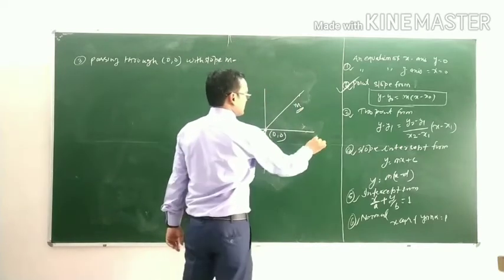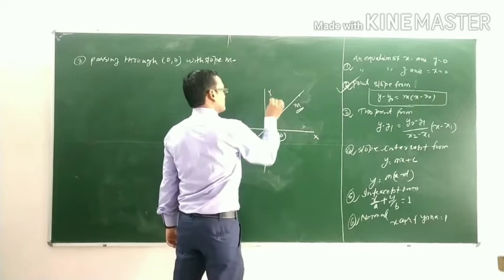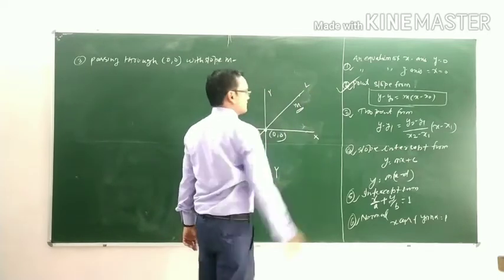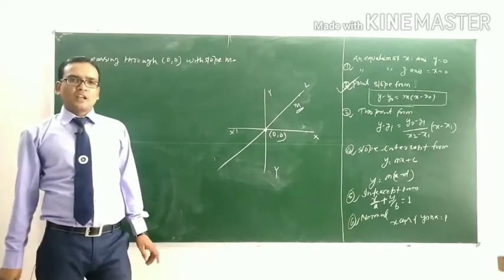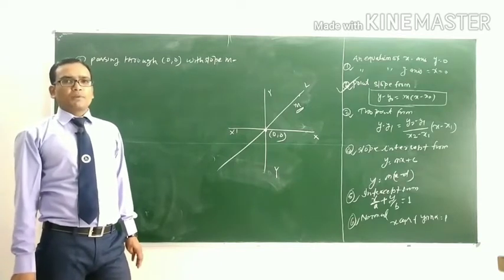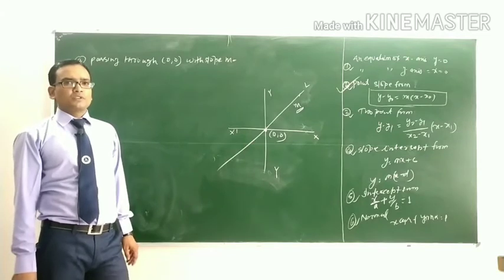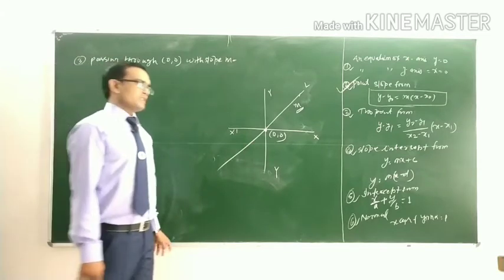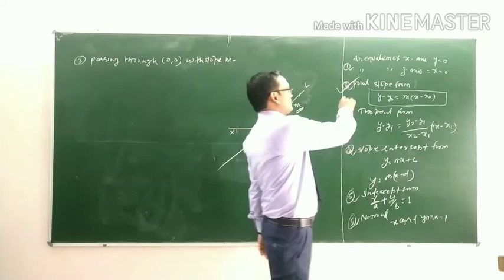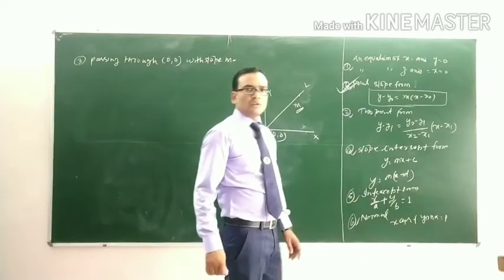We find the equation of line L, which passes through the point 0, 0 with slope m. Here also we use the point slope form.